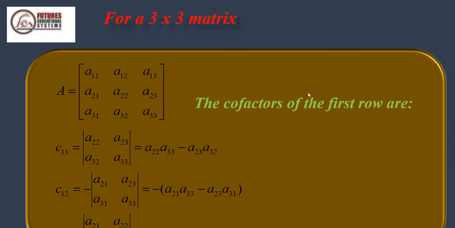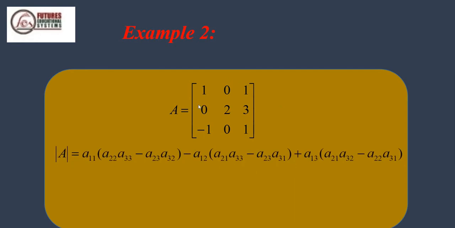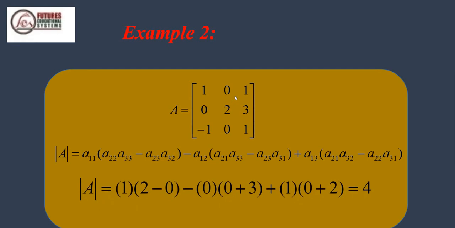Let's go to this example. If we have this matrix, to find the determinant E, choose this row, or this row, or this row, or start from this column, or this column, or this column.